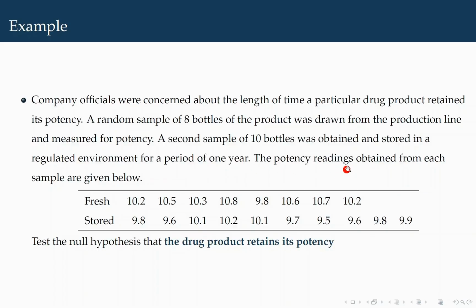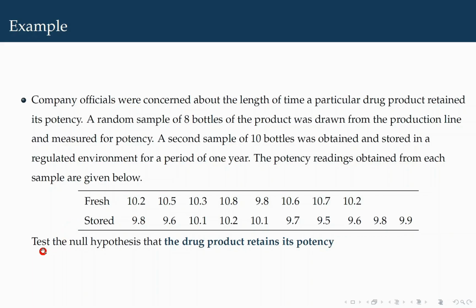The potency readings obtained from each sample are given below. You have the fresh drug product, taken from the production line, and the stored one, which is stored in a regulated environment for a period of 1 year.